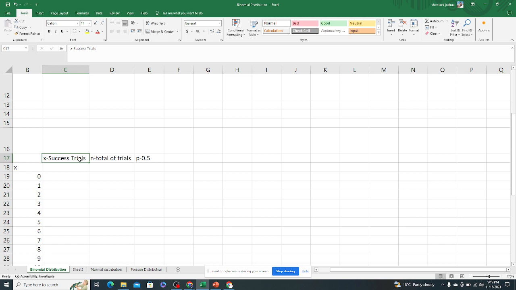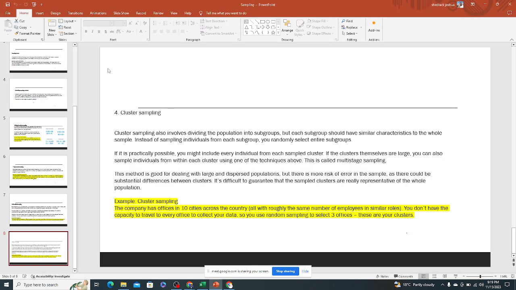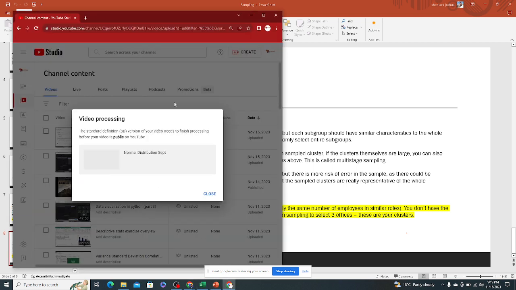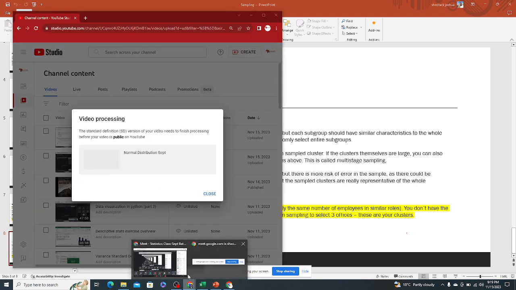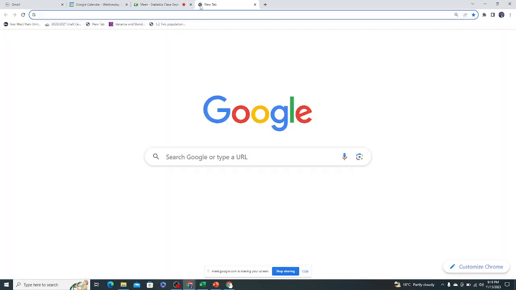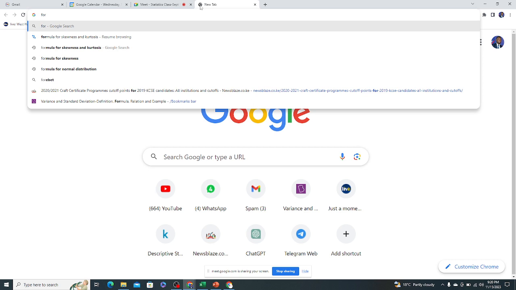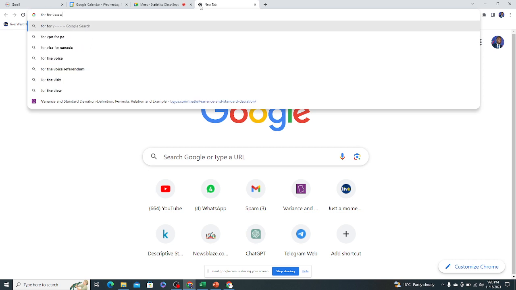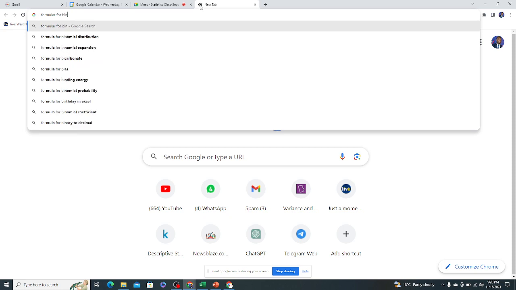Also, these are the most important things we need to perform binomial distribution. So remember the formula of binomial distribution. Instead of opening another file to illustrate, let me just take the formula for binomial distribution.